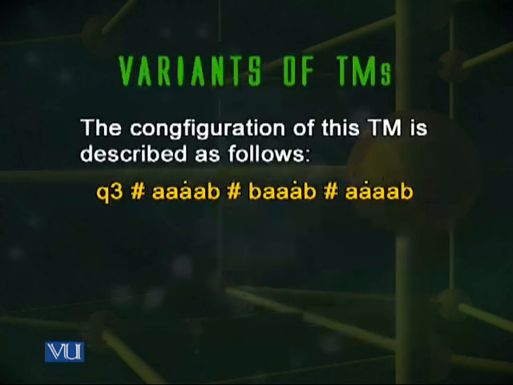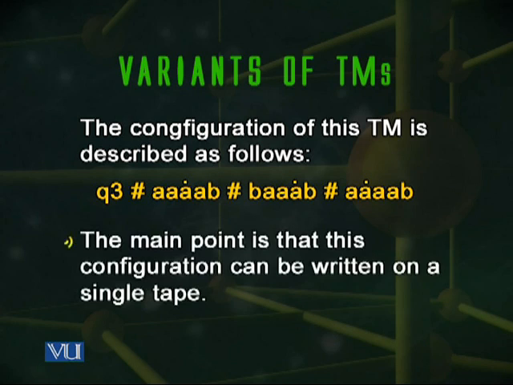I can write this configuration linearly as Q3 followed by a hash sign, followed by A, followed by A with a dot, B, followed by a hash sign, followed by B, then A with a dot, followed by a B, followed by a hash sign, followed by A with a dot, B. Now the main point is that I can write this configuration linearly on a single tape.